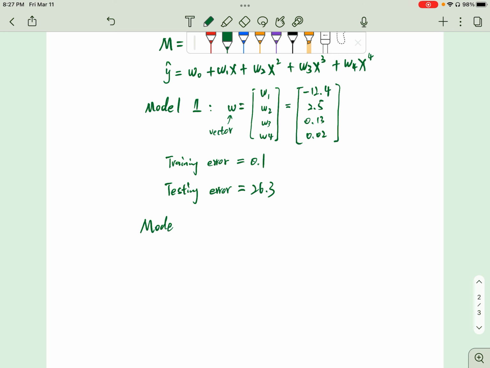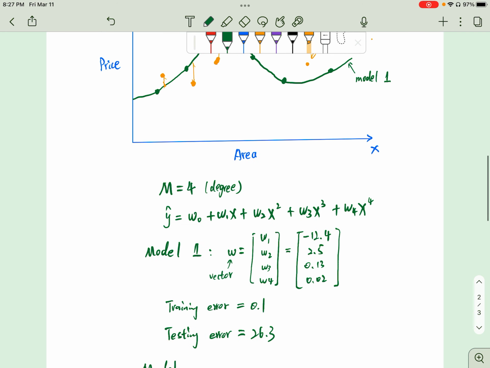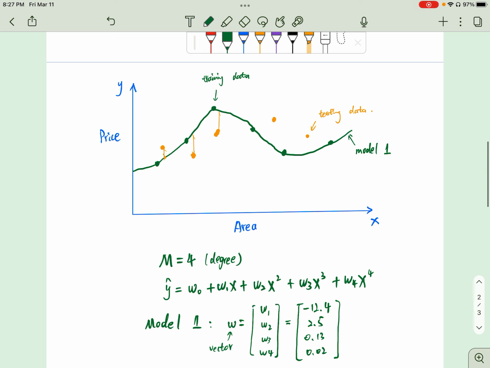Let's have another model. Because this is an overfitting model, we don't want overfitting. You may say that, I find a model like this.